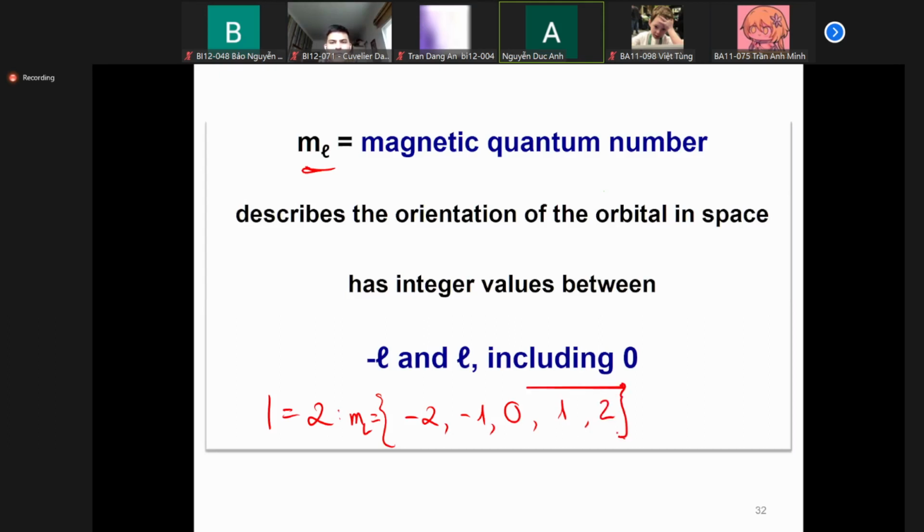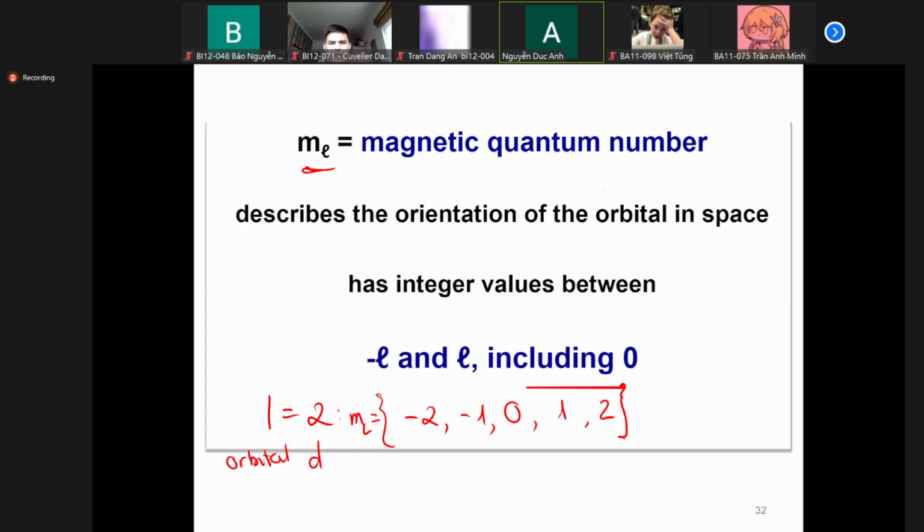Or we can imagine that for the set of orbitals d, you will have 5 d orbitals oriented in space in different orientations. Can you imagine it?